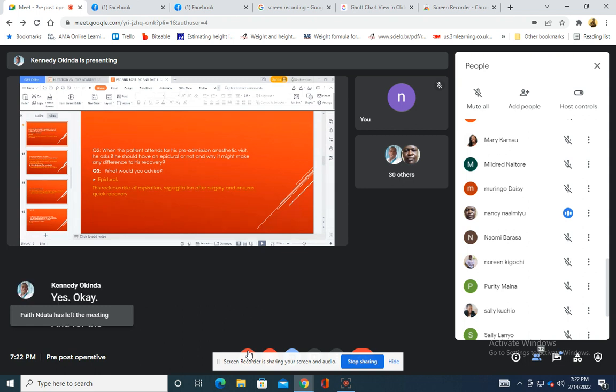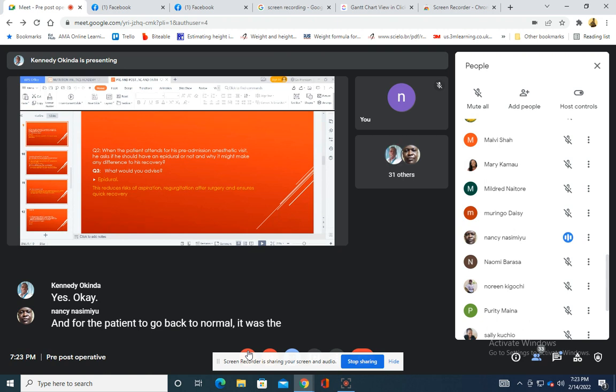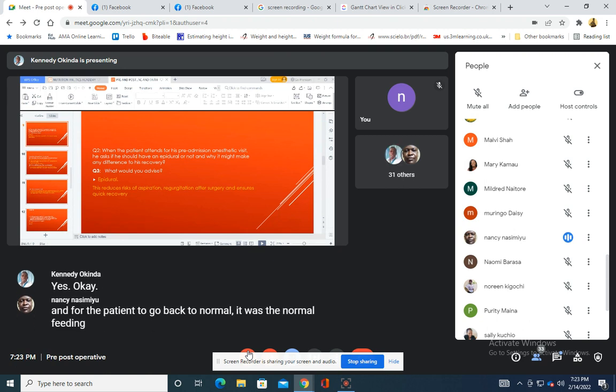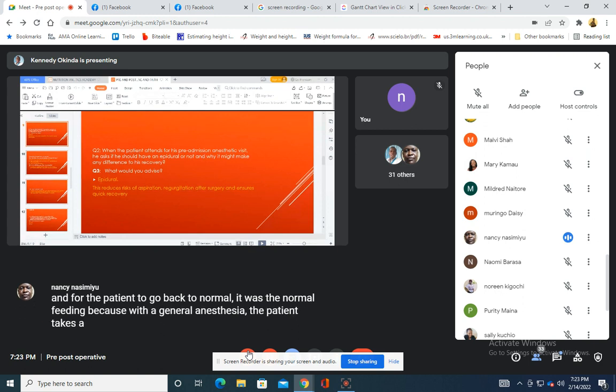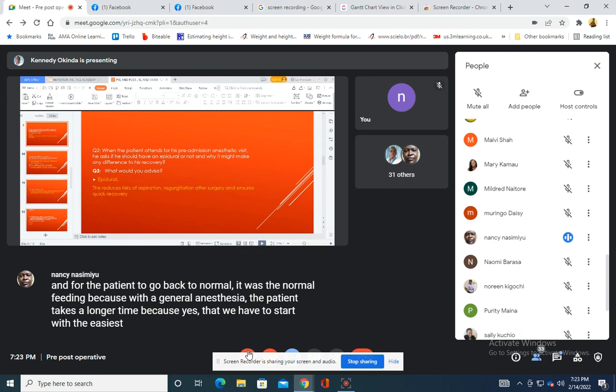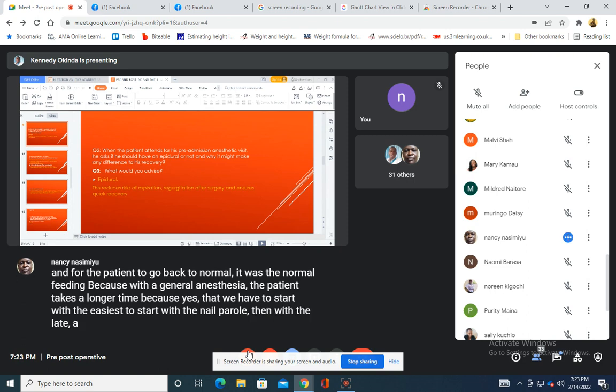for the patient to go back to normal feeding. Because with general anesthesia, the patient takes a longer time because he has to start with nil oral, then a liquid diet, then a light diet.